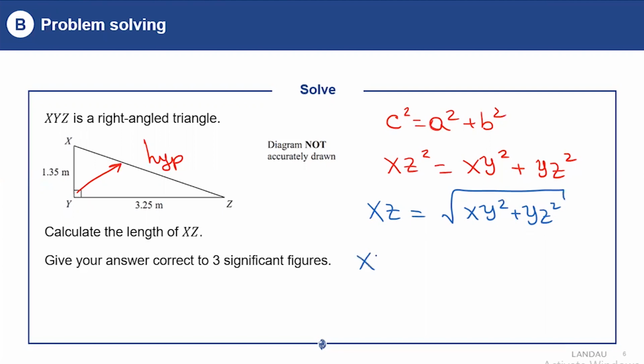We will write XZ equals root of XY is 1.35, so we will write 1.35 squared plus, and YZ is 3.25, so we will write 3.25 squared. And then the next part will be calculated with a calculator to get the most appropriate answer.